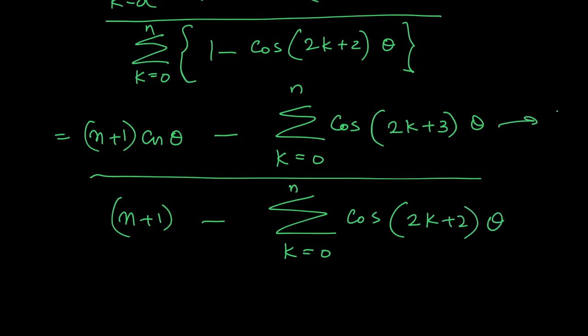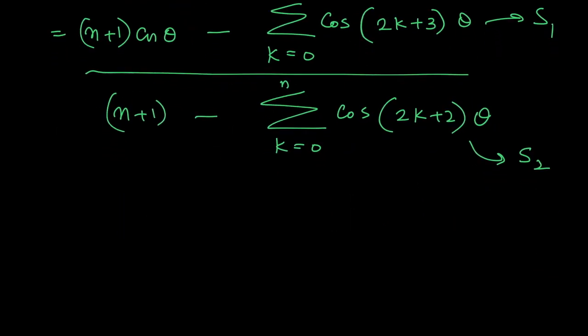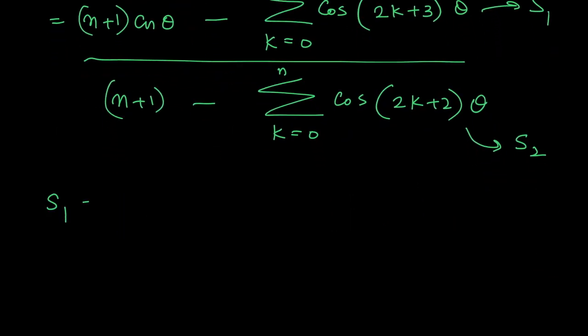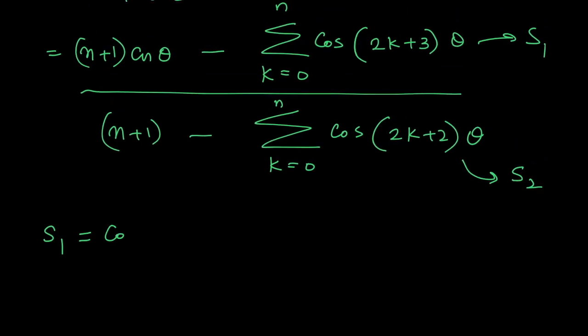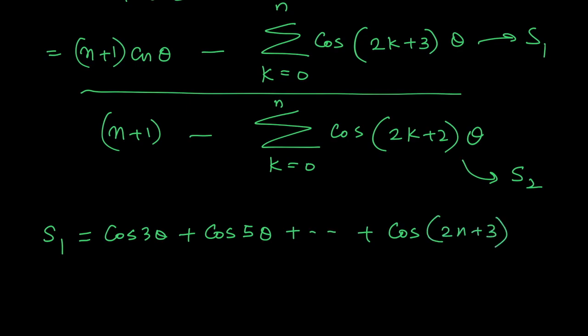So we have one sum here, S1, and another sum here. Let's see what these two sums stand for. S1: when you put k is equal to 0, it is going to be cos 3 theta, and cos 5 theta, up to cos of 2n plus 3 theta.